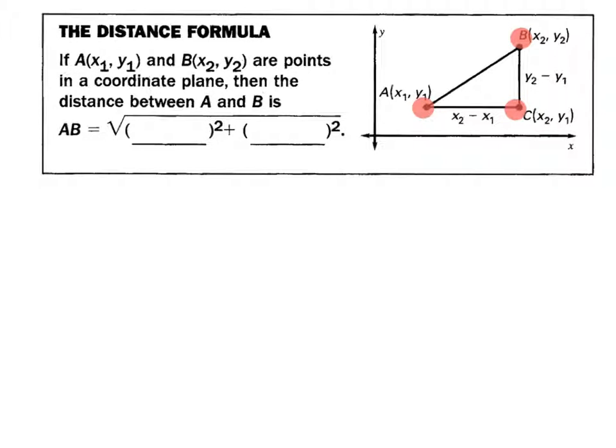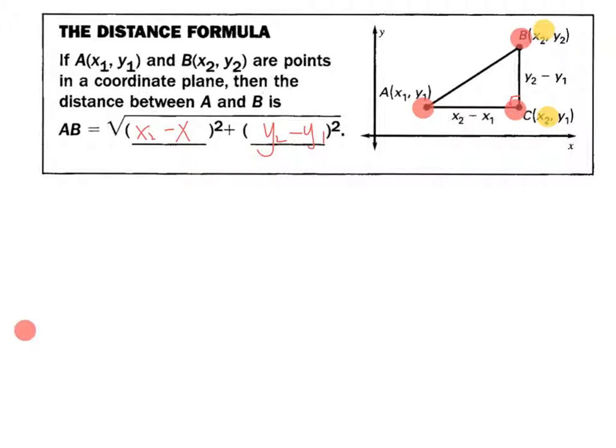Because these two have the same x coordinates, it tells me that this angle is a right angle. And so my distance formula has to be the square root of x2 minus x1 squared plus y2 minus y1 squared.